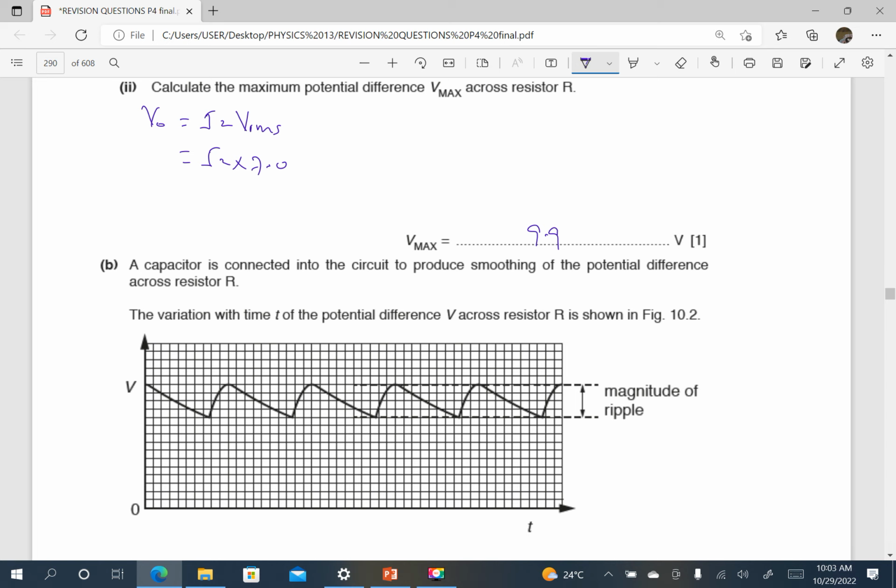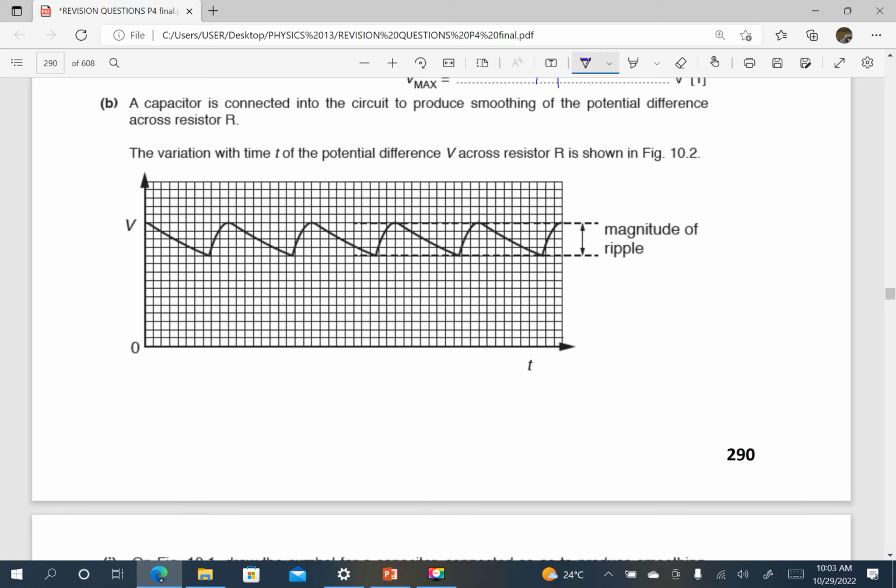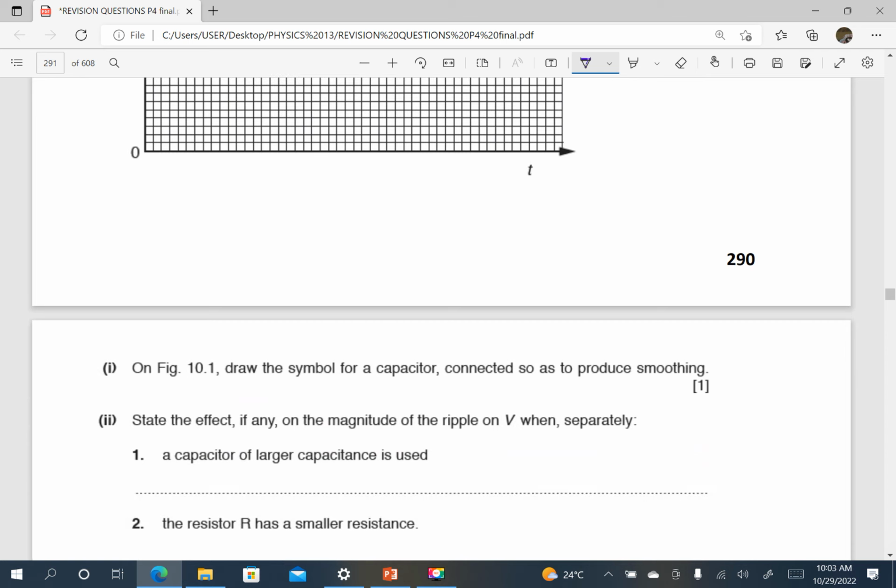The capacitor is connected into the circuit to produce smoothing of the potential difference across R. The variation with the time t of the potential difference V across R is shown here. So you see the magnitude of the ripple or the fluctuation. On the figure, draw the symbol for a capacitor connected so as to produce smoothing.